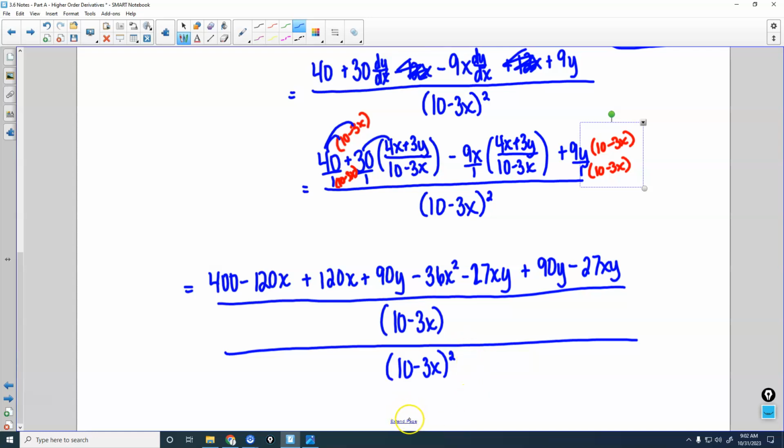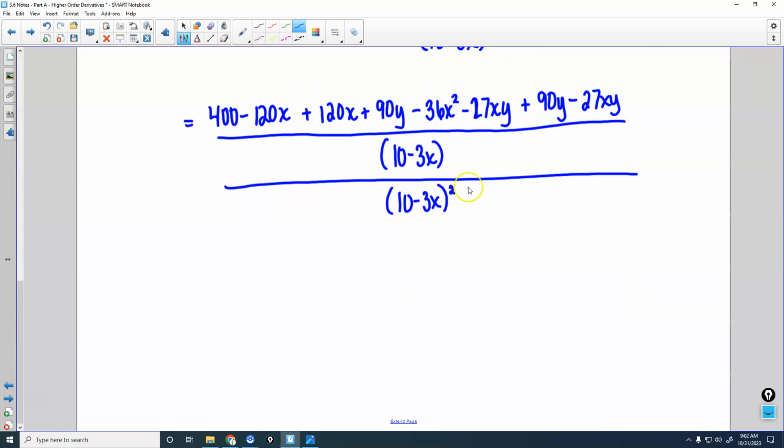So for that, we're going to combine anything we can in the top. We can put this over 1 and flip and multiply. So, 400 cannot go with anything. The negative 120x and positive 120x are going to cancel each other out. That's good. 90y and 90y is going to be 180y.